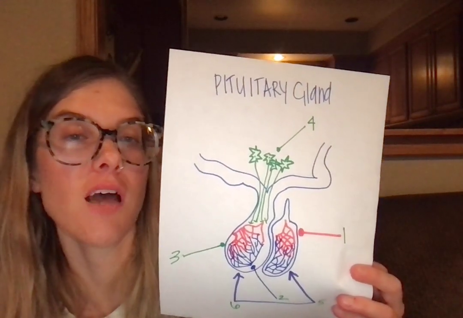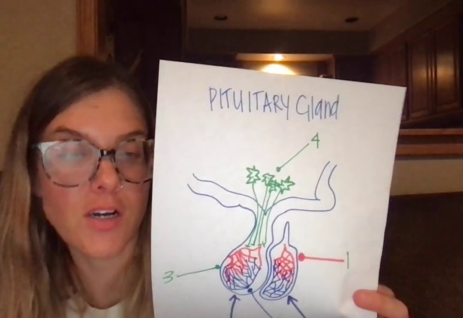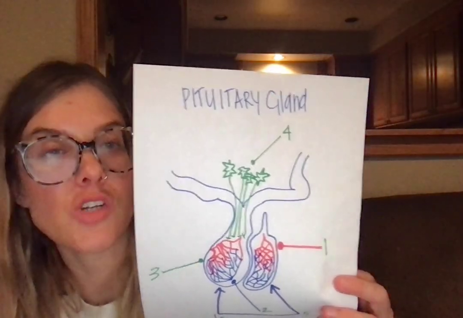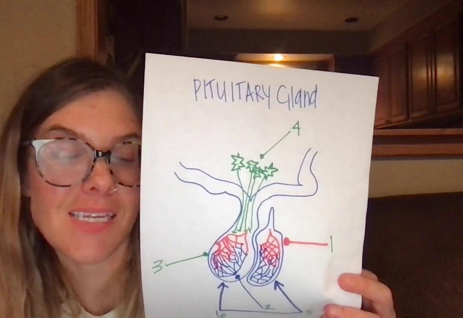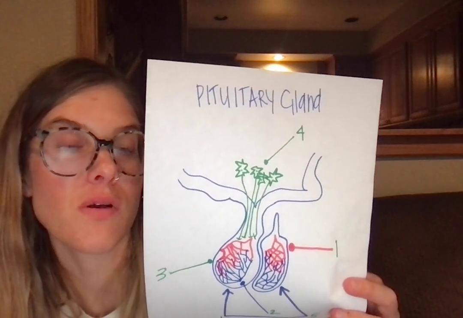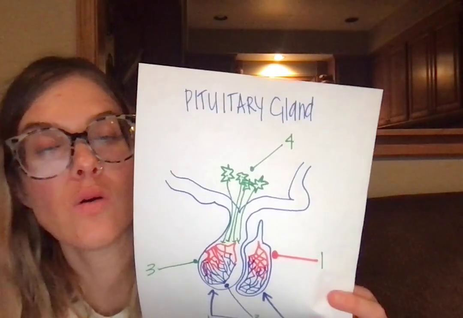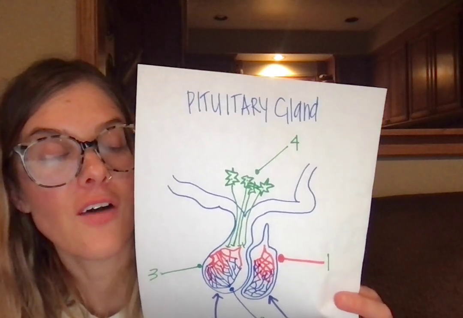The main function of the anterior pituitary gland would be the adrenocorticotropic hormone, ACTH. It's the release of the hormone from the gland. It's responsible for the corticotropin-releasing hormone, CRH, from the hypothalamus.